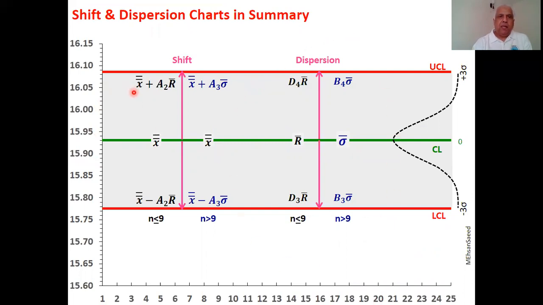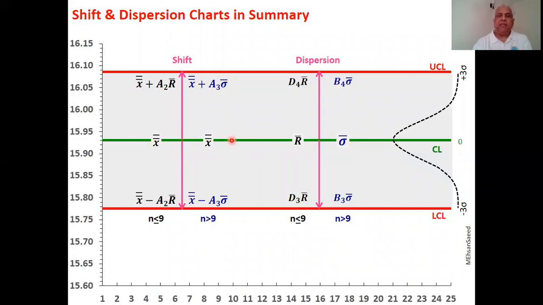Remember, X double bar plus A2R for shift, or X double bar plus A3 sigma bar for shift, depending upon the sample size. So here, if the sample size is less than 10, then the center line in either case, whether the sample size is 9 or less or more than 9, remains X double bar.